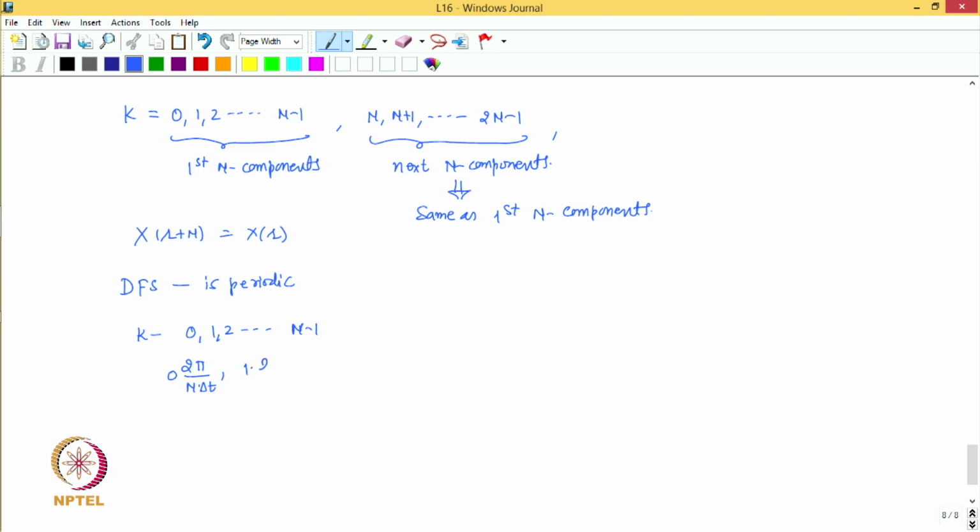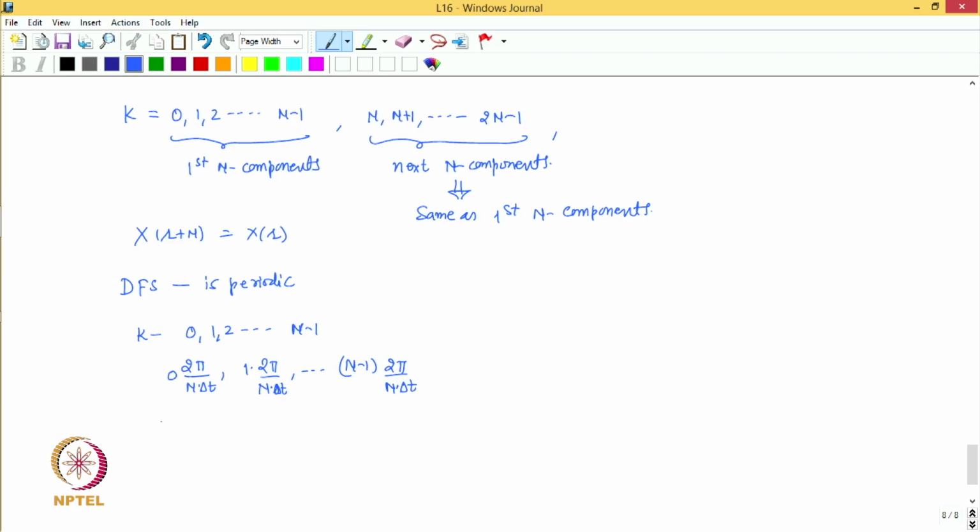Then I have 1 into 2 pi upon n delta t, that is the frequency of the next frequency component, and this would go up to n minus 1 into 2 pi upon n delta t, that is the frequency of the last frequency component, and the next frequency component would be n into 2 pi upon n delta t, correct.